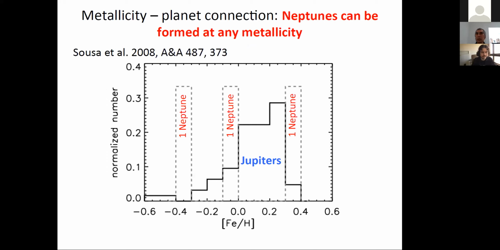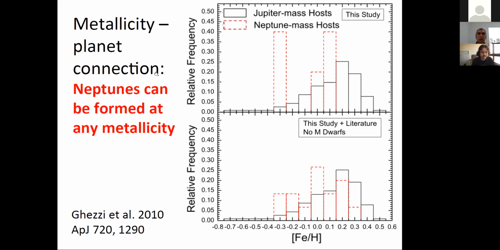On the other hand, smaller planets like Neptunes, for example, seem to occur at any metallicity, as shown initially by Sousa and also by Buchhave. You can see that while the Jupiter mass planets occur preferentially in stars with higher metallicity, the smaller Neptune planets can occur in principle at any metallicity.